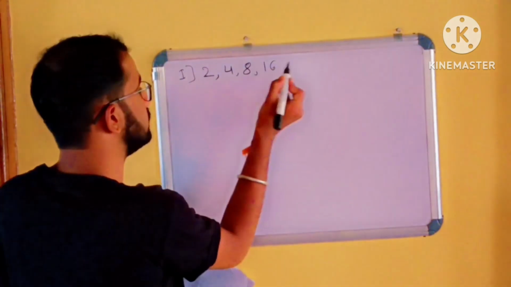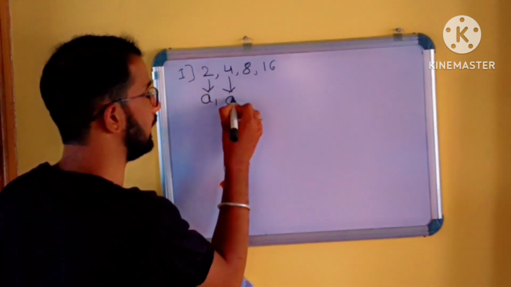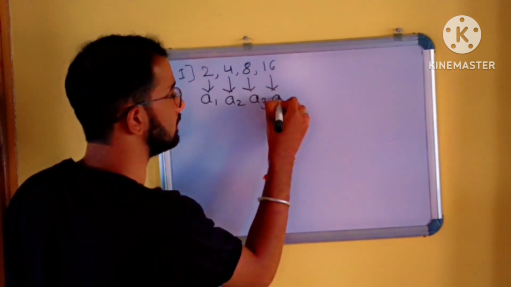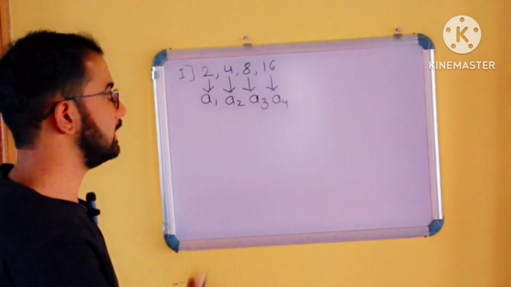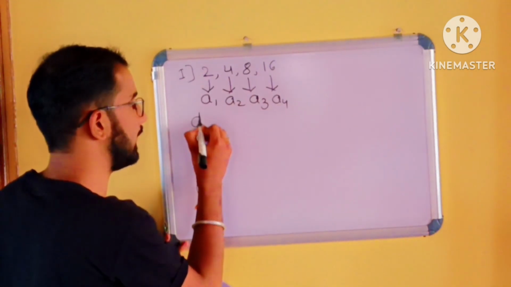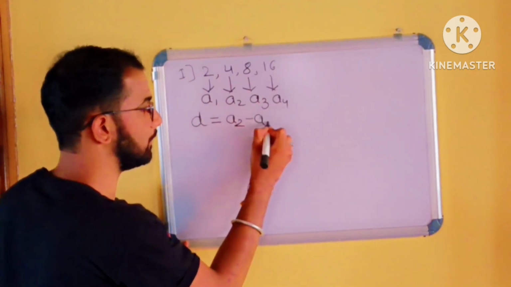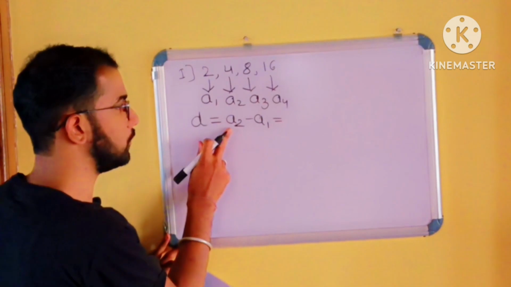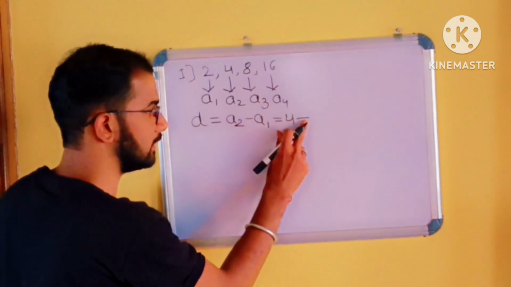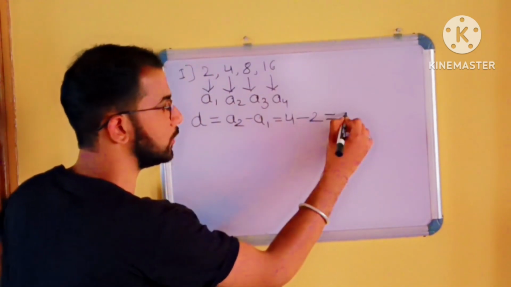Let's take this 2 as A1, this is A2, this is A3 and this is A4. These are the indications we have given. So how can we find the common difference D? A2 minus A1. What is A2? A2 value is 4, minus A1. What is A1? That is 2. 4 minus 2 is 2.